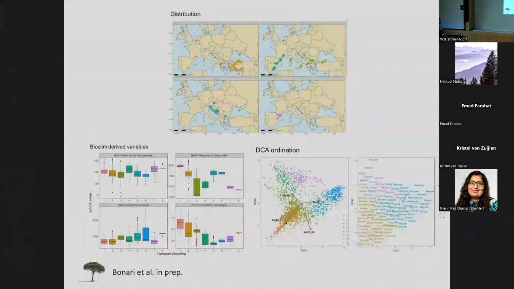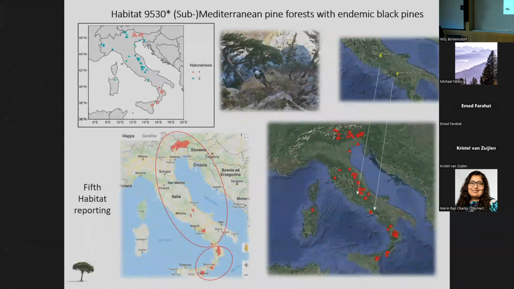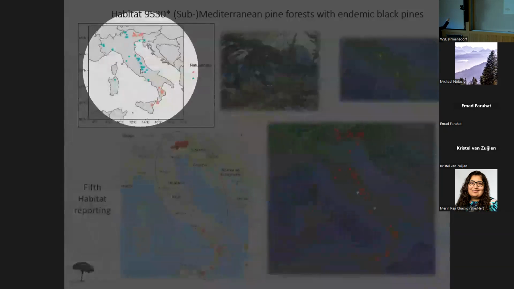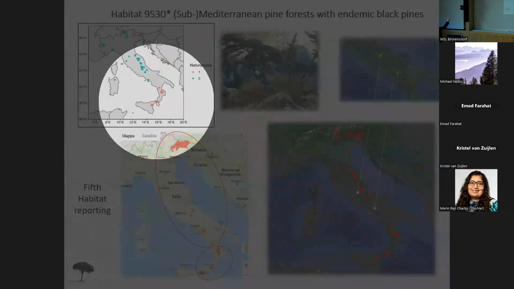Okay, I conclude with a couple of slides more, saying that, of course, when you work with the macroecological scale, these data are great, but when you reduce your scale, there is always room for improving. So we realized that actually, here you see the map of natural and non-natural Pinus nigra forests in Italy. So the red ones are those with native available data.